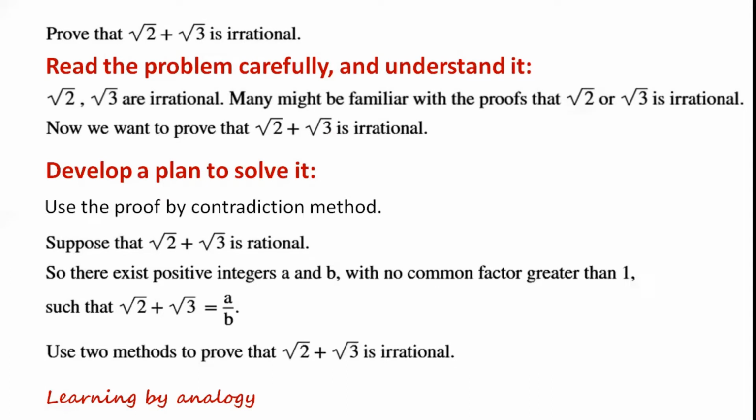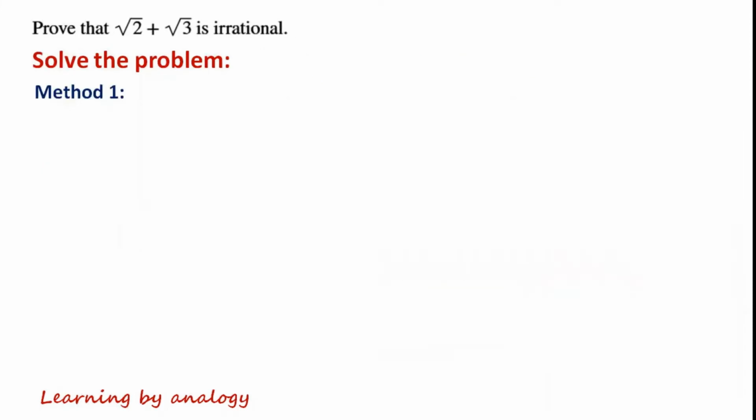We use two methods to prove that root 2 plus root 3 is irrational.